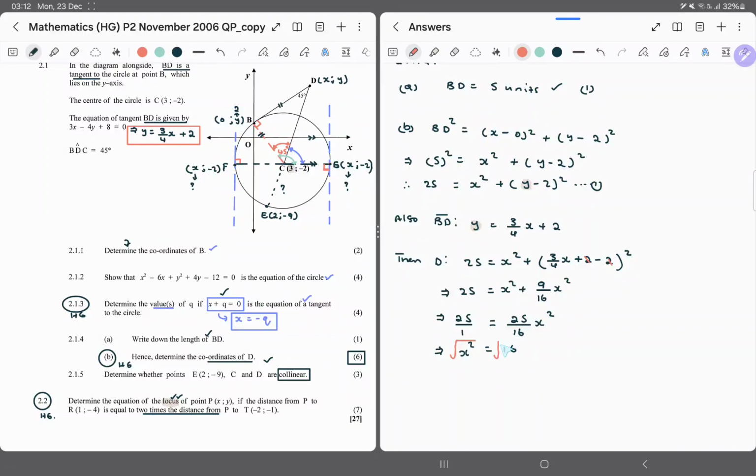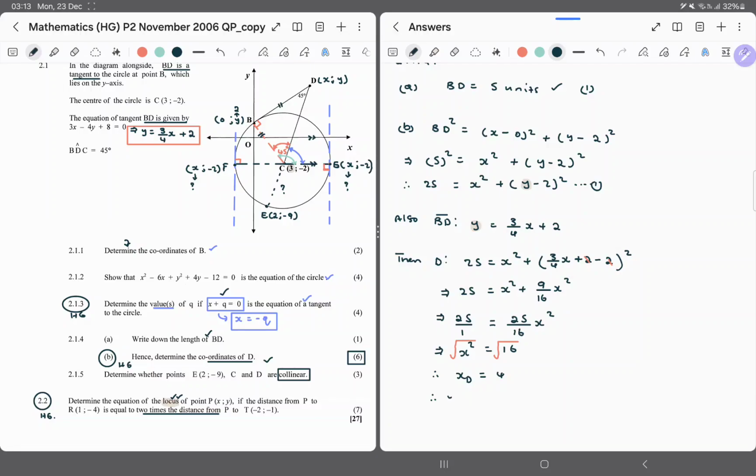If we take the square root on one side, we must do it on the other. So our x is going to be 4. We say x at D is 4, choosing this one because it's the point in the first quadrant.